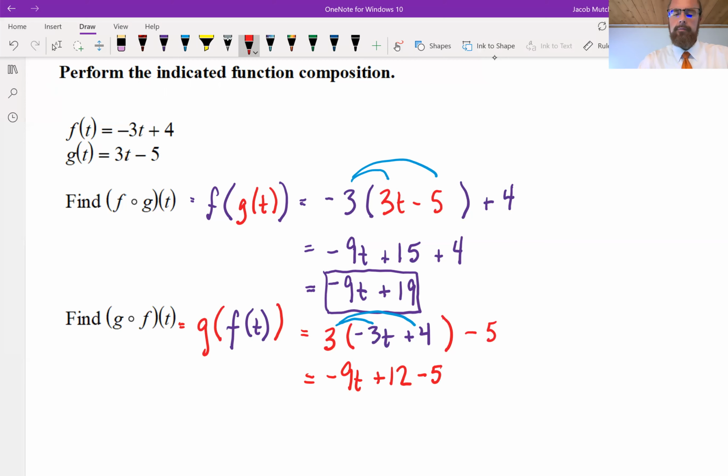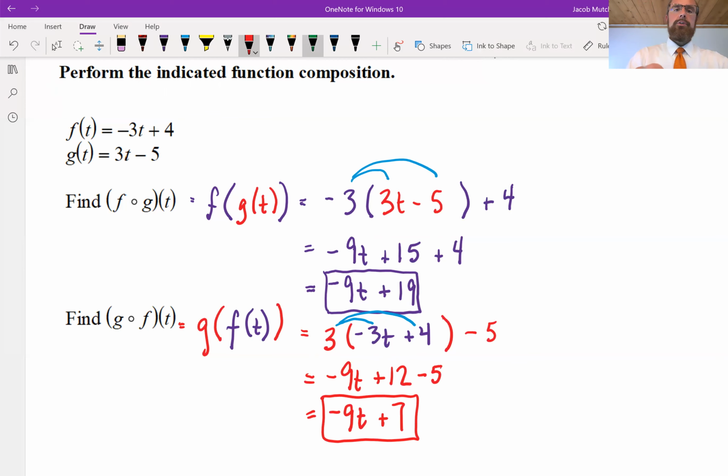Although my variable term looks the same, both of these start with negative 9t, 12 minus 5 is 7, and that does not equal the output when I did the other direction. And so from a first view, we see that function composition is not commutative.